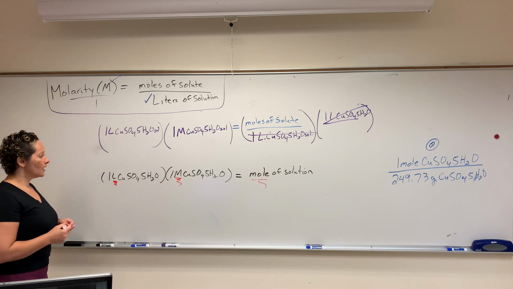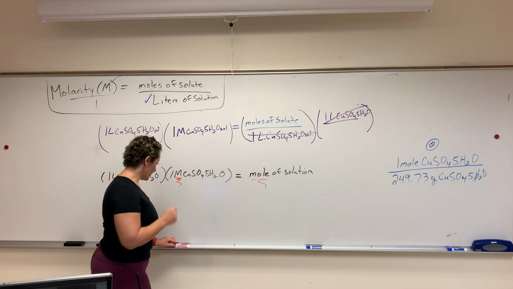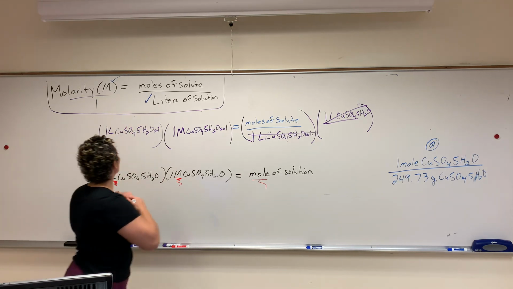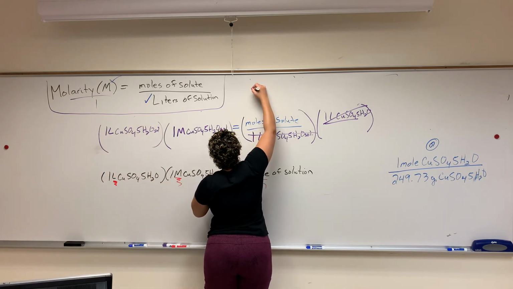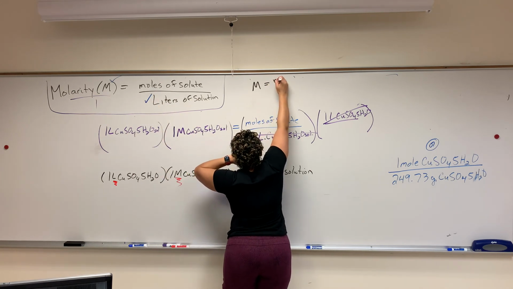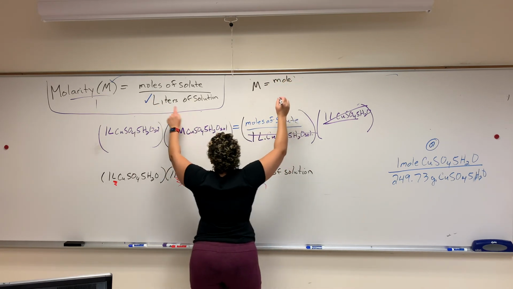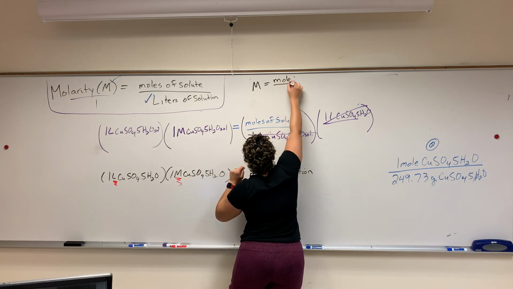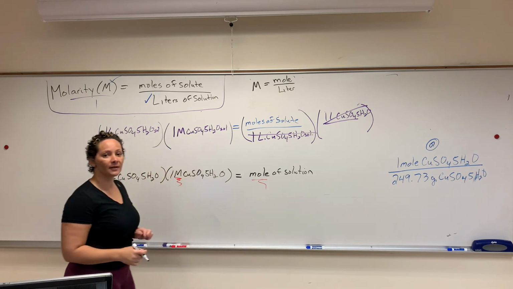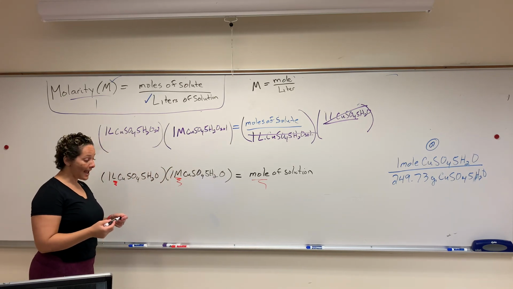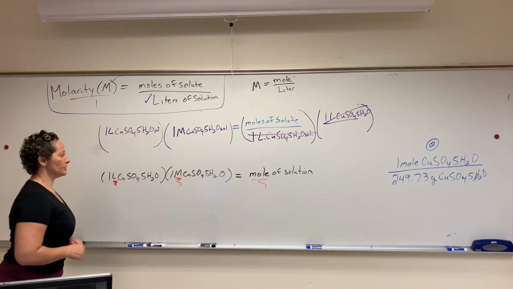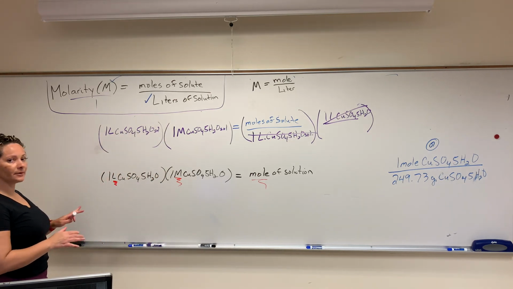But I want you to watch something. If you look at our original formula, molarity equals moles of solute per liters of solution. Look at how I shortened that up. Yes? Okay, now that I've shortened that up, I'm going to go ahead and do some inputting, okay?